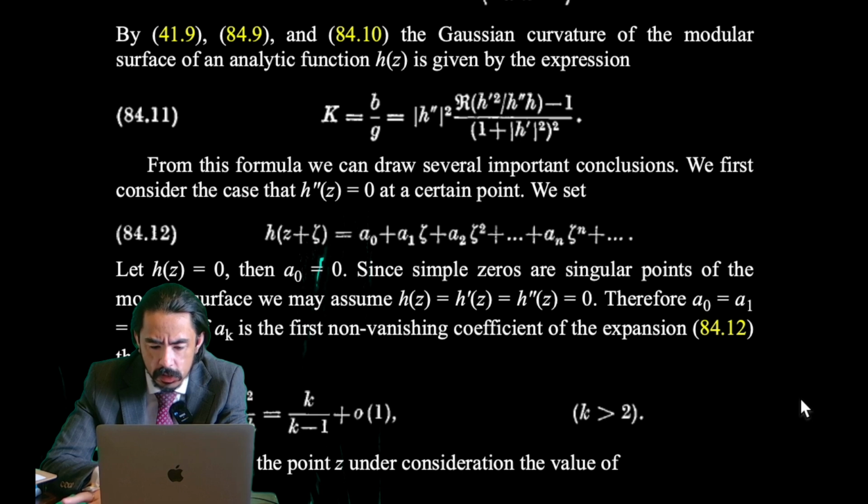That's the numerator. The denominator then is the square of the quantity 1 plus the square of the modulus of h prime. From this formula, we can draw several important conclusions.